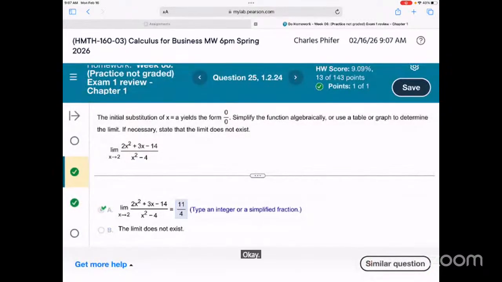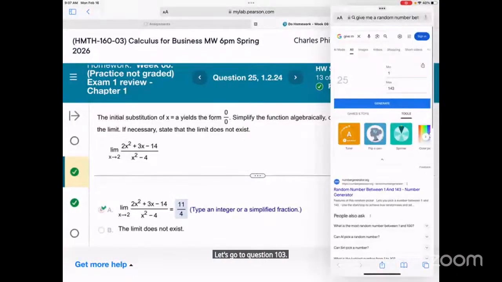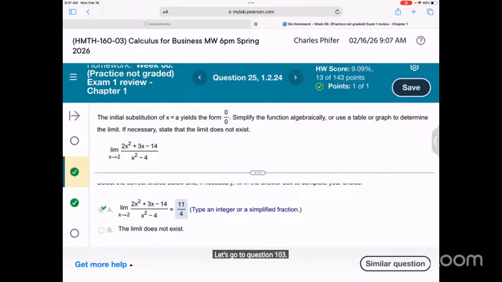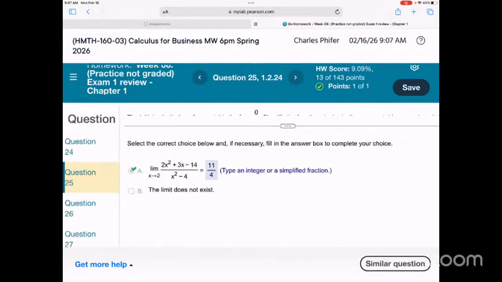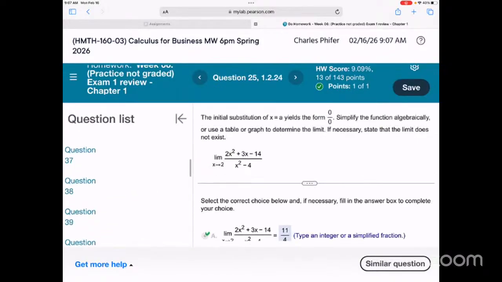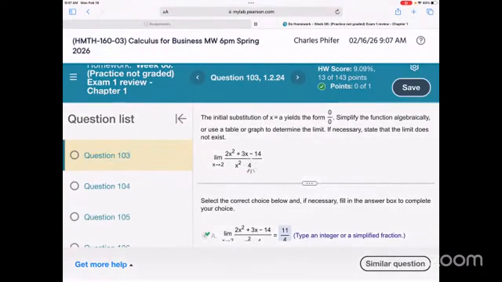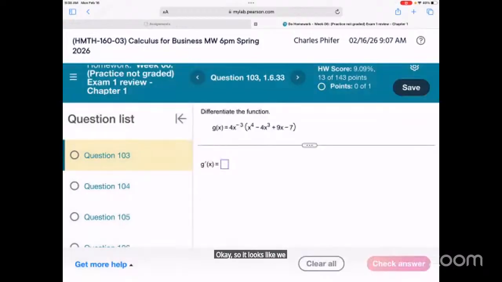Let's go to question 103. Okay, so it looks like we have to apply the product rule here.